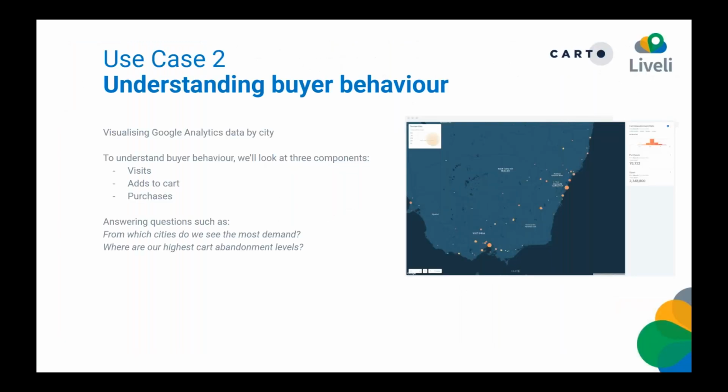The second one is using Google Analytics data. This is the first one where we're making use of the buyer behavior. The whole emphasis on this part is looking at cart abandonment and looking at purchase and visit information, purely by city.